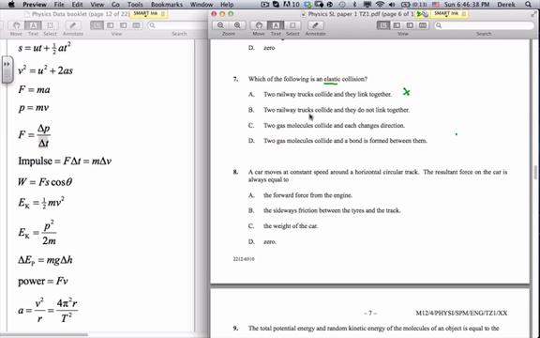Whenever you're dealing with things like railway trucks, there is always going to be a loss in kinetic energy, because there's always a lot of energy that is lost in the form of heat and friction and so forth. But C is correct. Two molecules collide and each change direction.